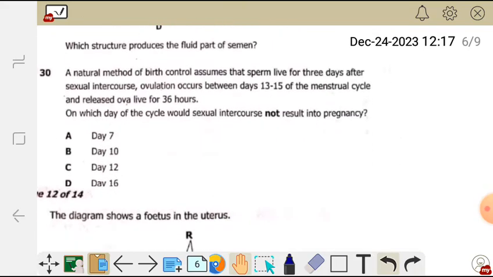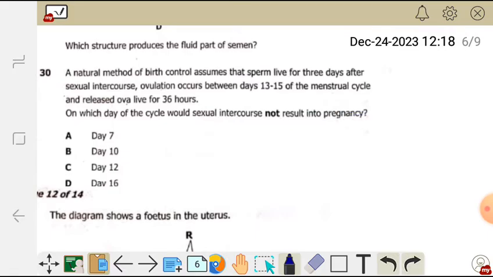Question 30. A natural method of birth control assumes that sperm live for 3 days after sexual intercourse. Ovulation occurs between days 13 to 15 of the menstrual cycle, and released ova live for 36 hours. On which day of the cycle would sexual intercourse not result in pregnancy?